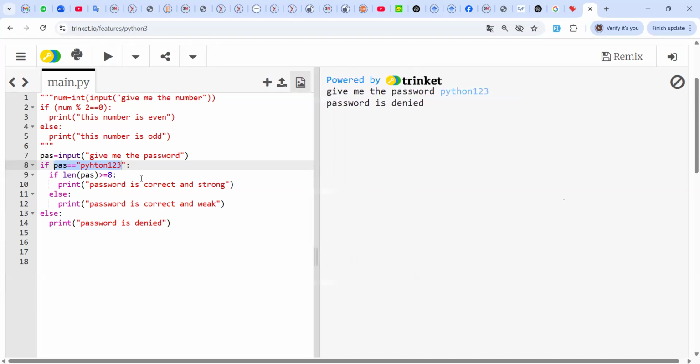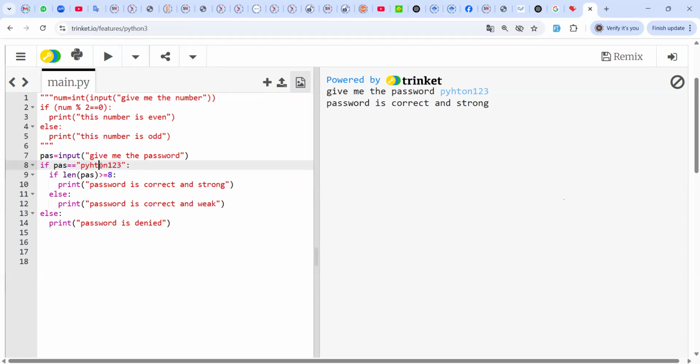But why? Can anyone tell me? Let's check it again. The order of the letters is wrong. H T, yes, and T H. Yes, I'm going to copy paste it. Password is correct and strong. The problem is in here, Python.